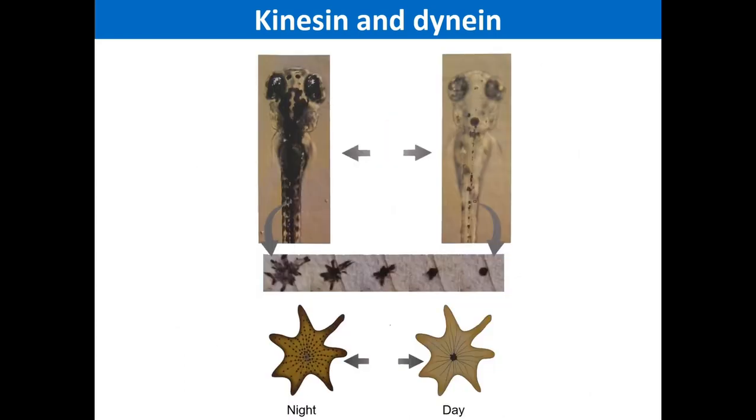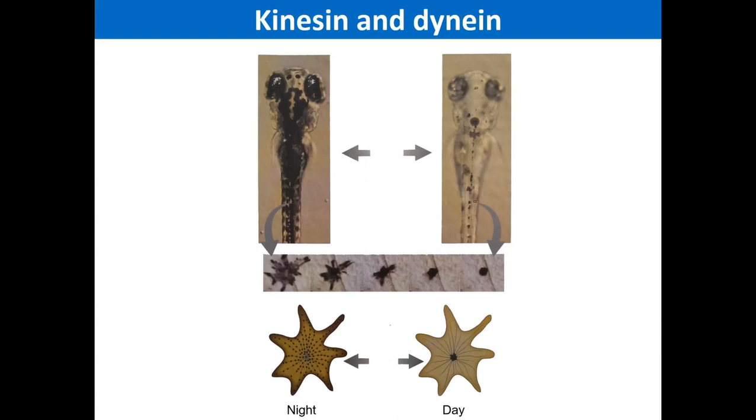So a clear example of how kinesin and dynein work is the tadpole. In order to survive, tadpoles found a way to distribute their pigments across their body. Without expressing the pigments all the time, they move pigments away from the nuclei of cells during the night.